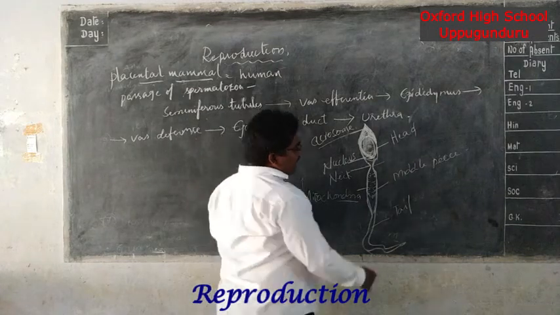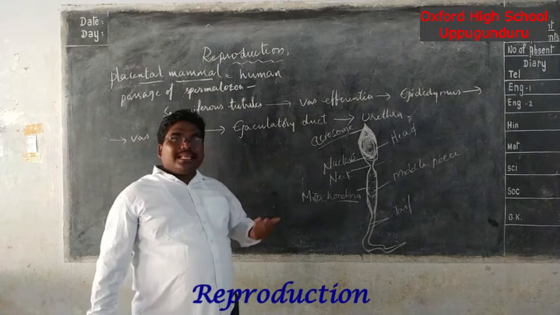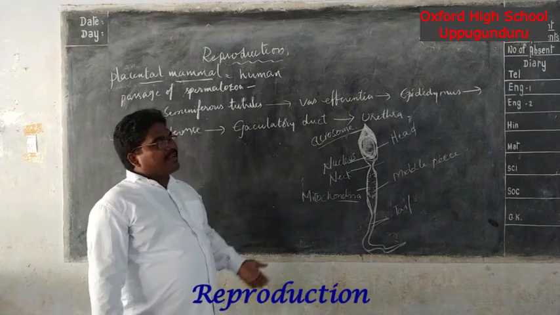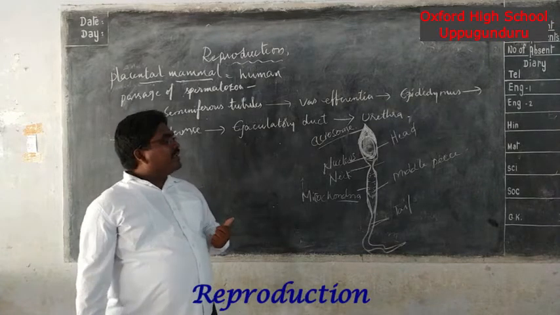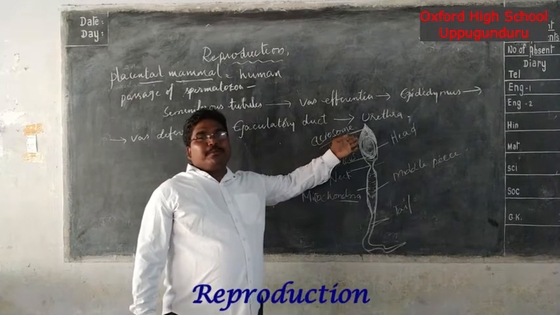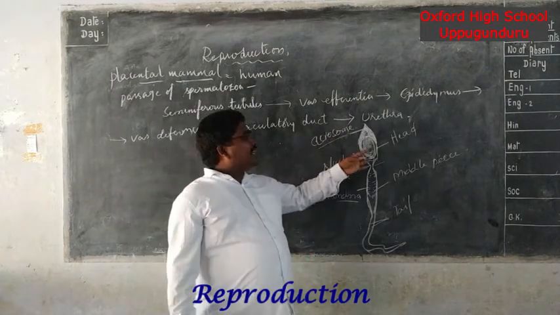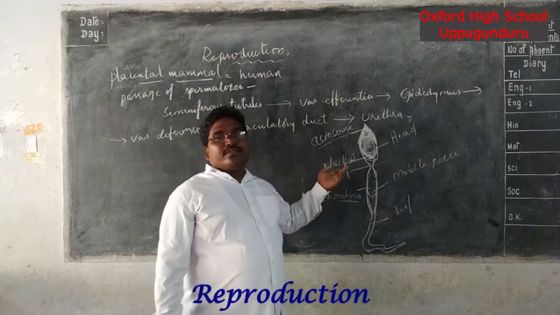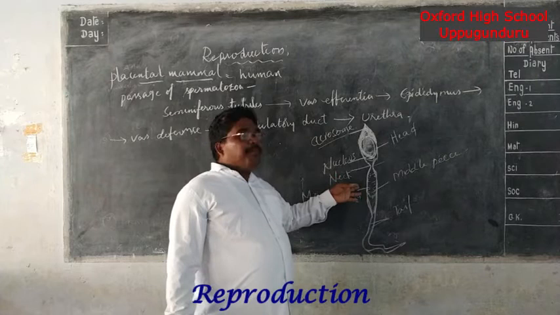Next, the tail is there. The tail also helps in propelling the sperm. So this is the structure of the sperm. You understand? The sperm contains a head which bears an acrosome. The acrosome helps in penetrating the ovum during fertilization. The head contains a large nucleus which fuses with the female nucleus after fertilization.